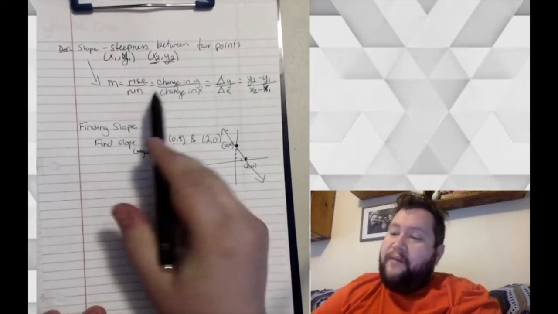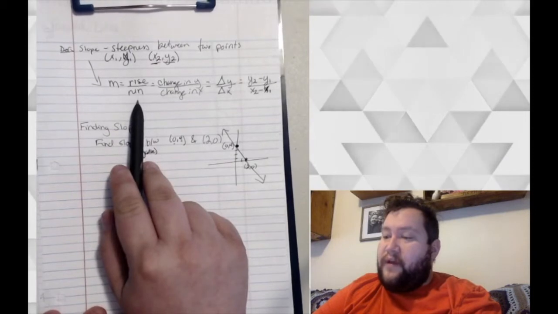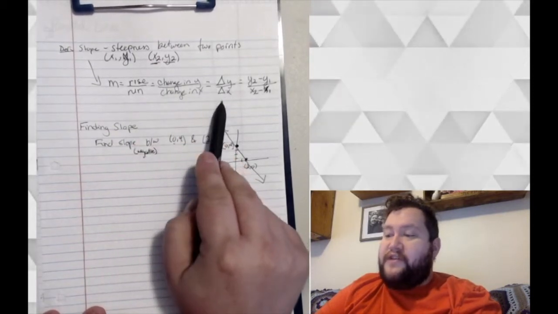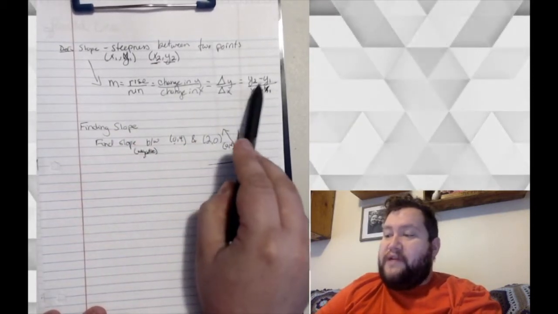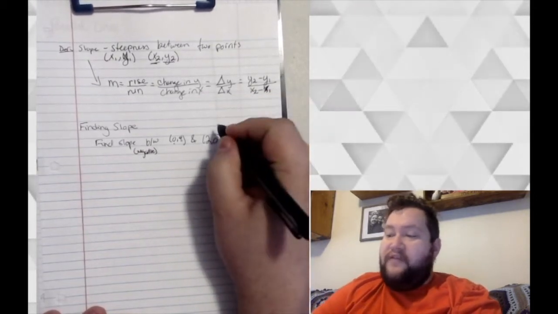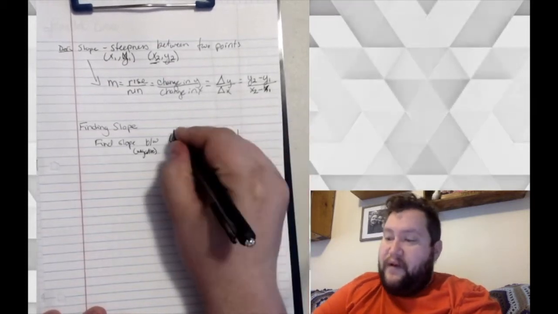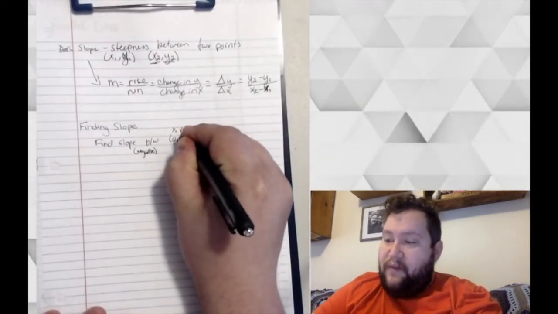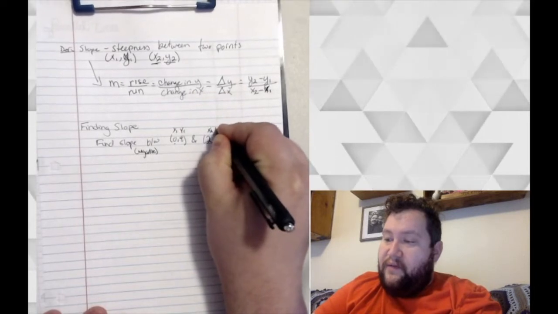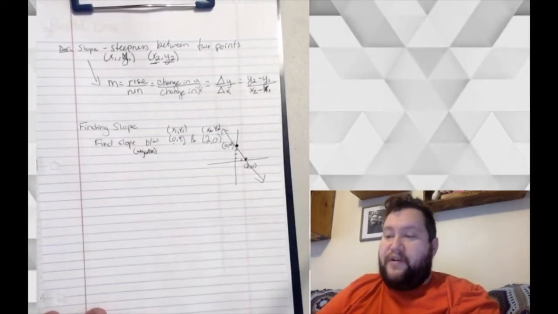So our formula up here says our slope is our rise over our run. Our change in y over change in x, or y2 minus y1 over x2 minus x1. So let's go ahead and just give these names. I'll call this x1, y1, x2, y2, just to help us keep that in order.